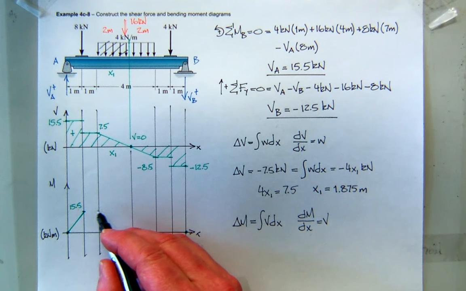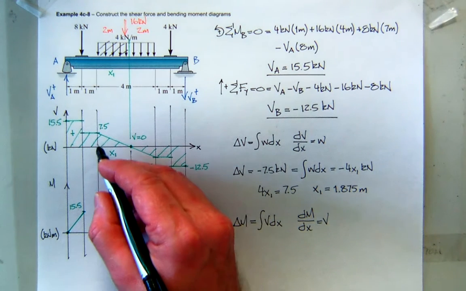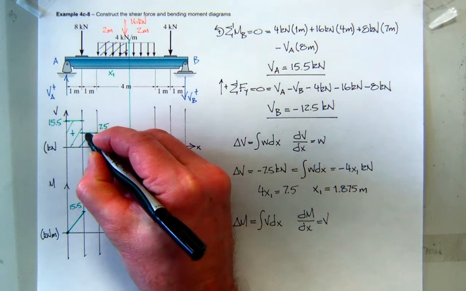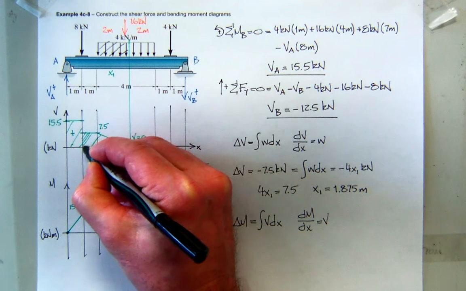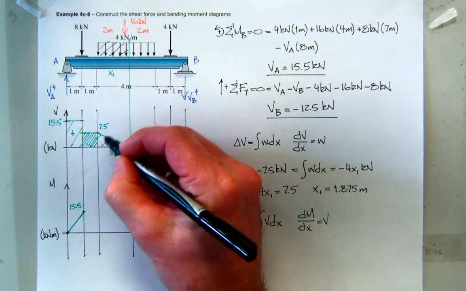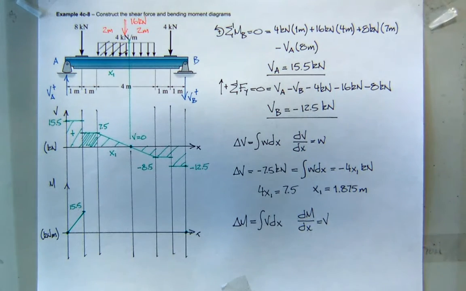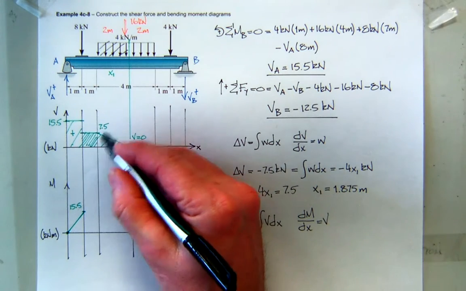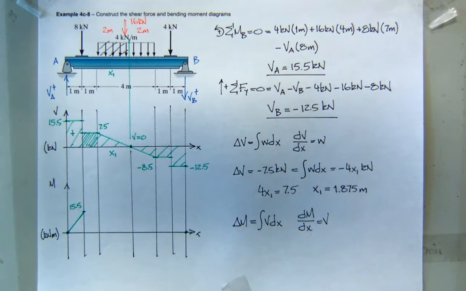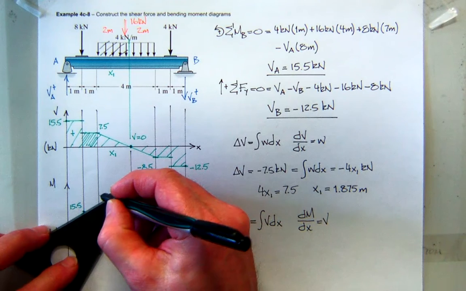Now from 1 to 2 meters, the change in moment is this area. I'll hatch that one a little finer so you can see it. What's the area of that part of the curve? 7.5. Base is 1, height is 7.5. So what's 15.5 plus 7.5? 23.